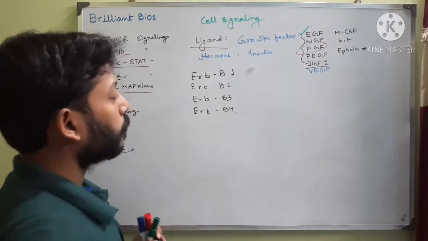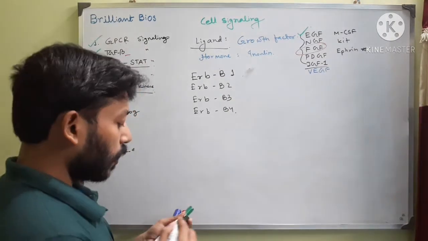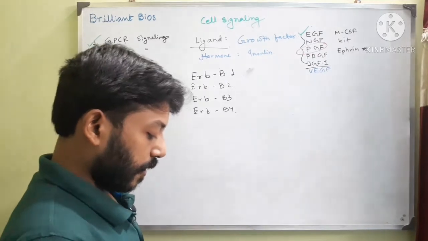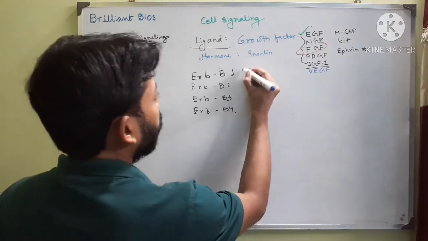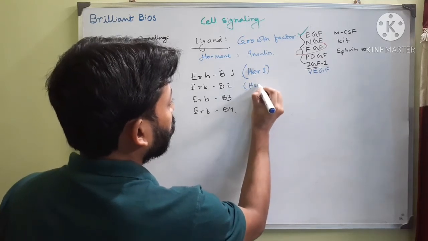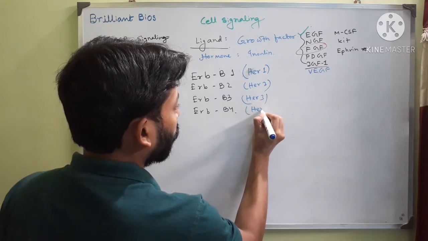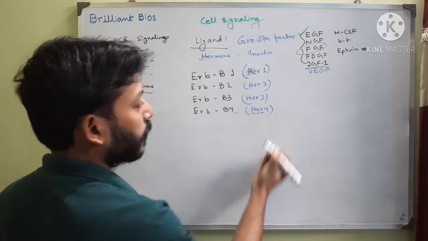So there are four receptors that can bind with EGF. Now in humans the names differ. The names in humans are called HER1, HER2, HER3 and HER4. HER means human epidermal receptor.